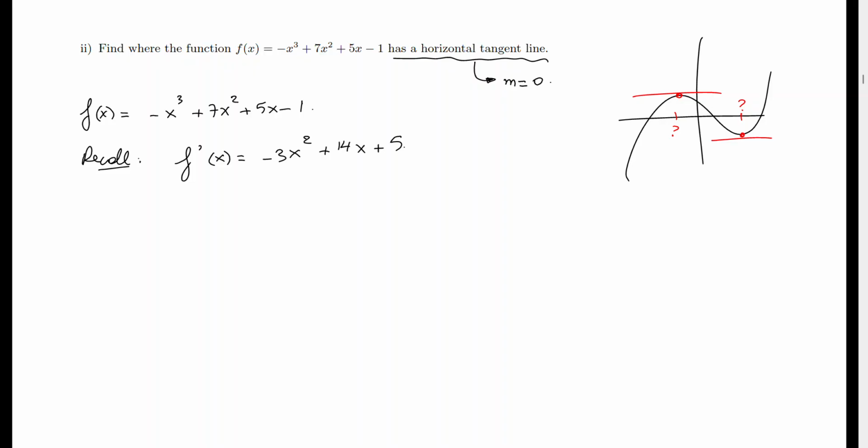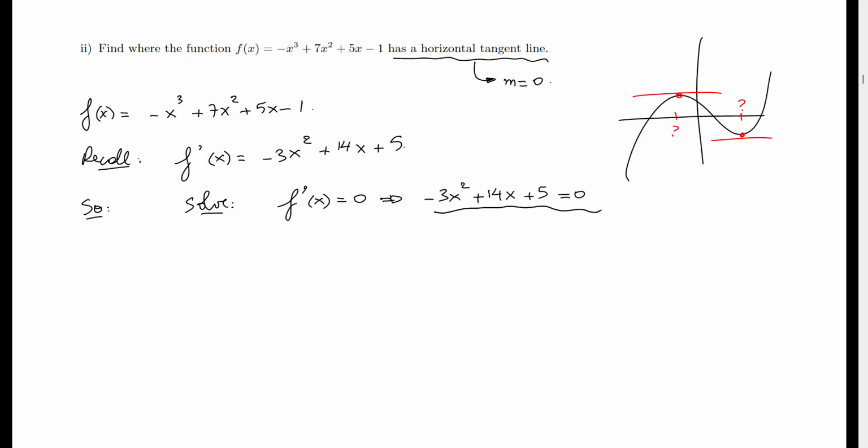So in other terms, they want me to solve the problem where f prime of x is equal to 0. So I need to figure out what makes -3x squared plus 14x plus 5 equal to 0. Once I find the numbers that make it equal to 0, I'll know they are the places where the graph has a horizontal tangent line.